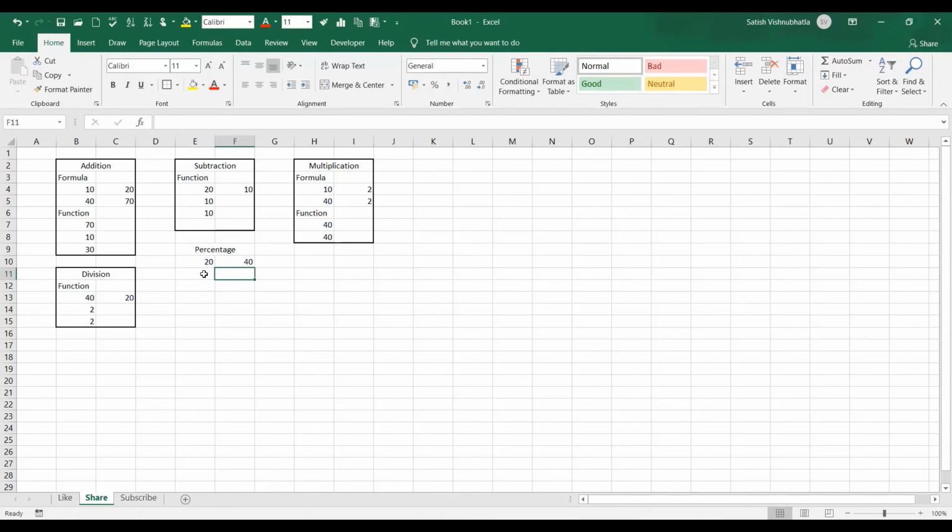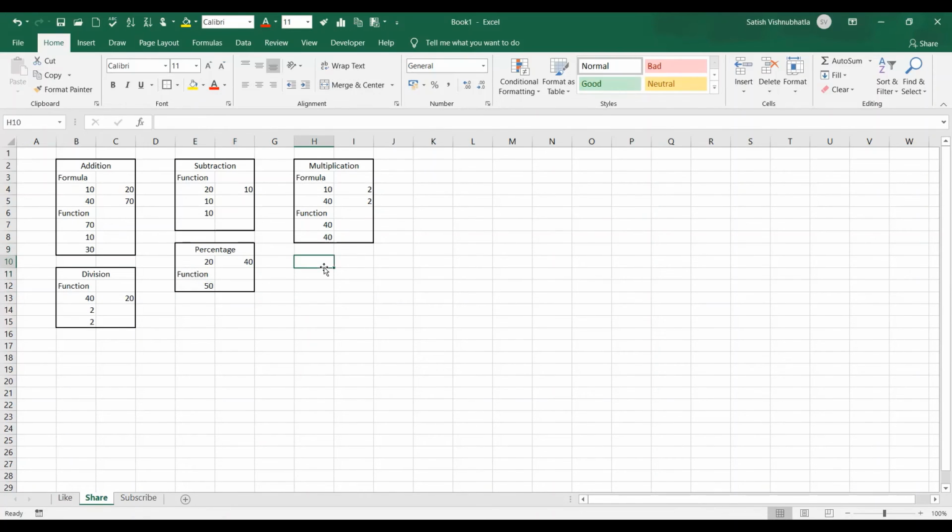So you know it's 50%. So the formula for this is equals to 20 by 40 into 100. So we get 50. That's right. So this is how we find the percentage.